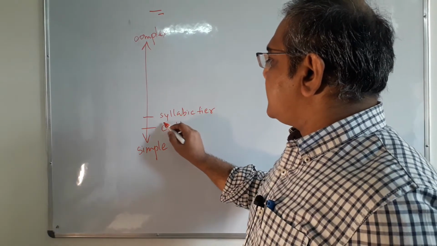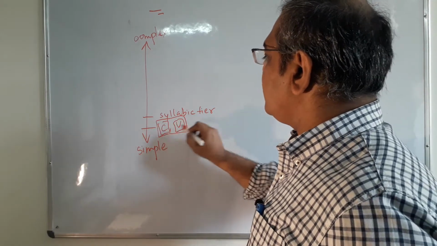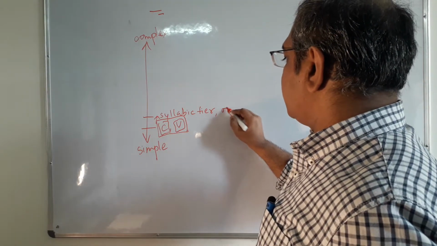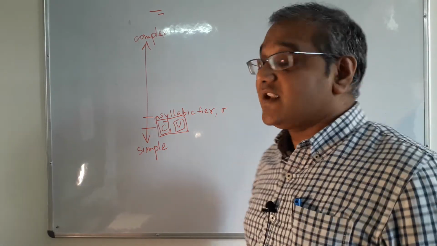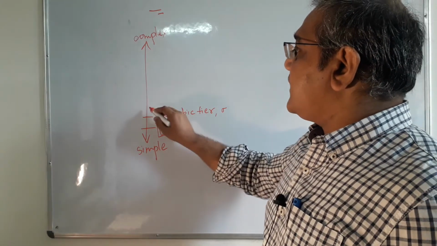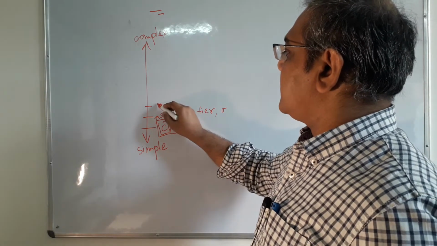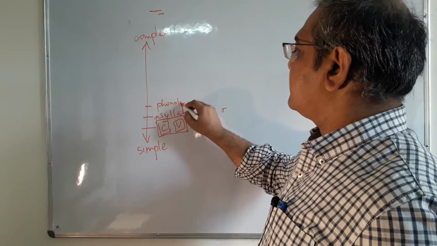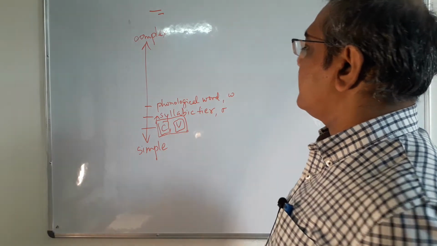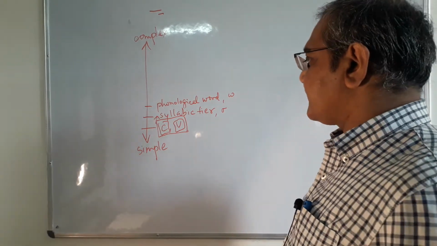Consonants and vowels come together to form a composite whole in the syllabic tier, which is generally referred to by the Greek letter sigma in the small case, and subsequently some of them go on to become a phonological word, which we can refer to as omega, again a Greek small letter omega.